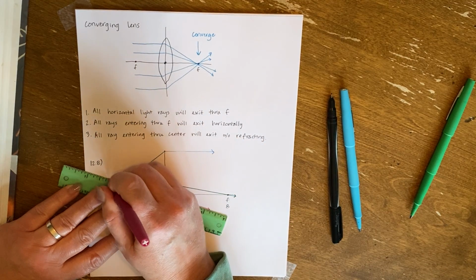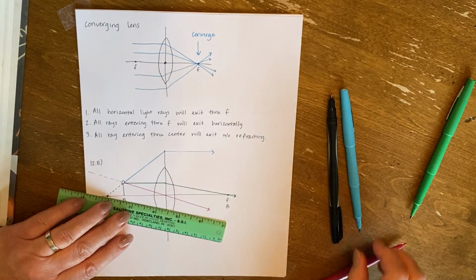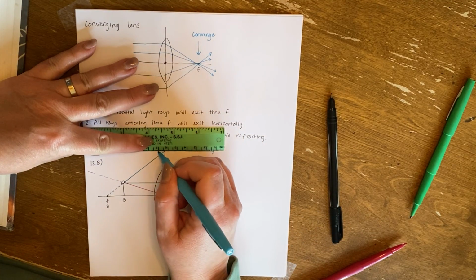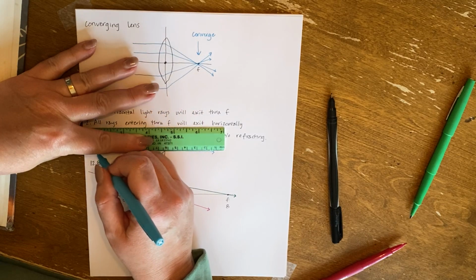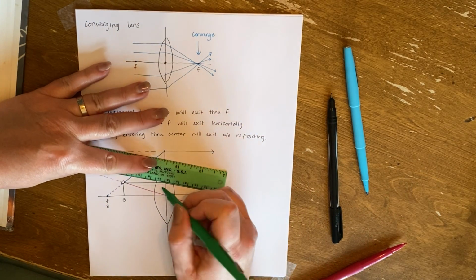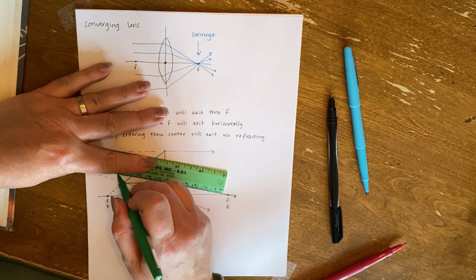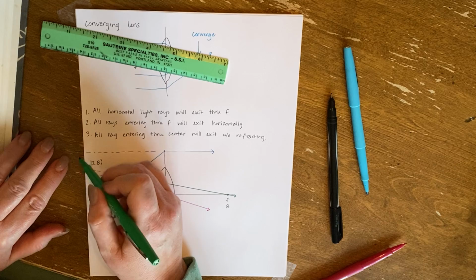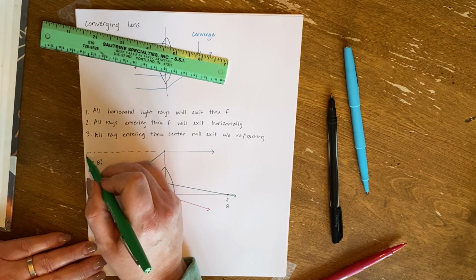And we show that as such. Oh, shoot. I'm going to go off my page. Okay, but it's pretty easy to see that they would actually intersect somewhere back here.